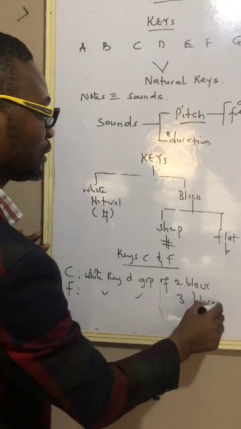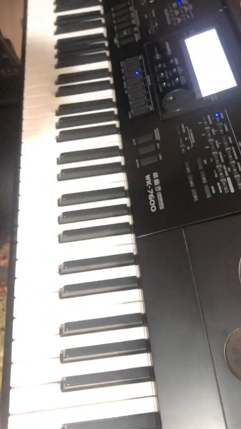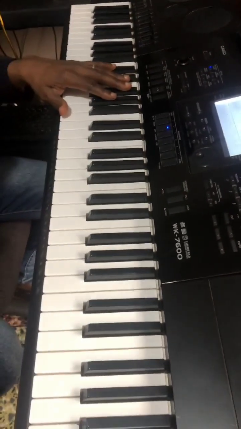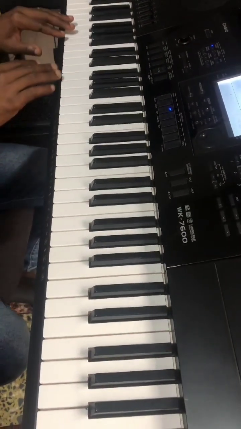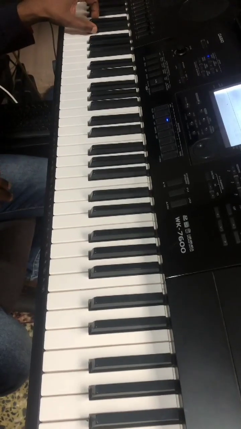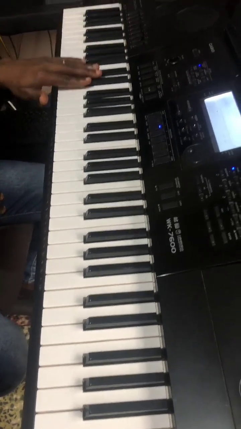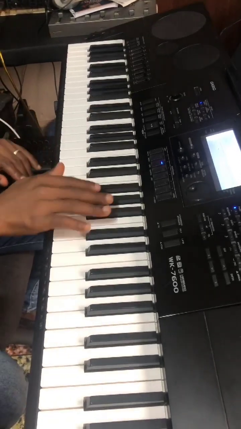Let's go back to the piano keyboard and look at what we're talking about. We said earlier on that there are white and black keys. Now observe that the black keys are grouped into 2s and 3s: groups of 2s and groups of 3s, just that way.